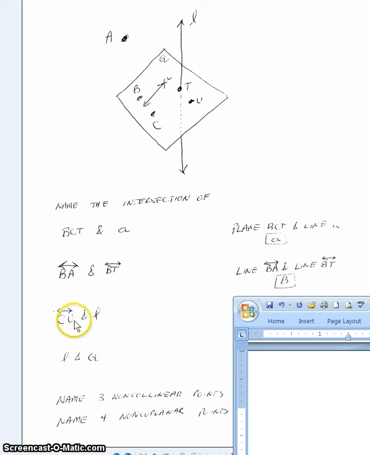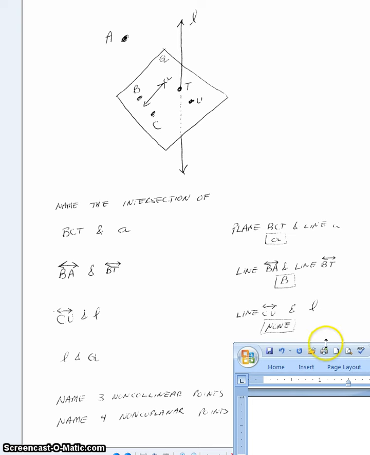I ask about line CU here and line L. CU is located here, and little l here, so it's this line that CU would connect and the L line which goes through plane Q. Well, those do not touch, and that is an option. So the intersection here is none. Finally, the last 2 questions I ask here are name 3 non-collinear points. Name 3 points not in a row.